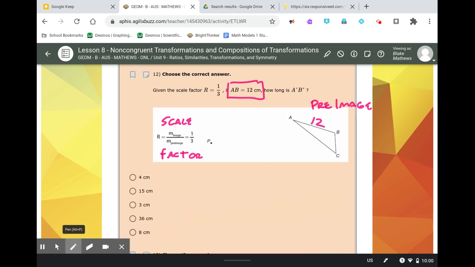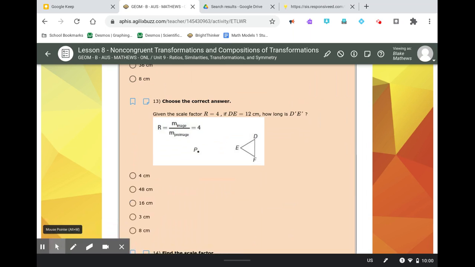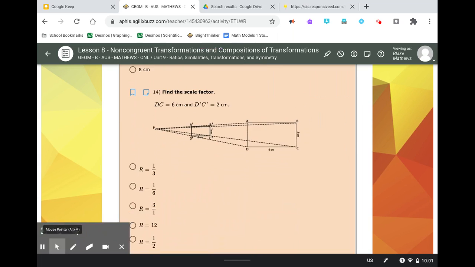To go from the pre-image to the image, you need to multiply the measurement of the pre-image times the scale factor. So I'll let you do that one from there. Same thing in number 13. You're given the pre-image. You're given the scale factor of 4. It's right here. And then you need to multiply to find what the measure of the image would be.